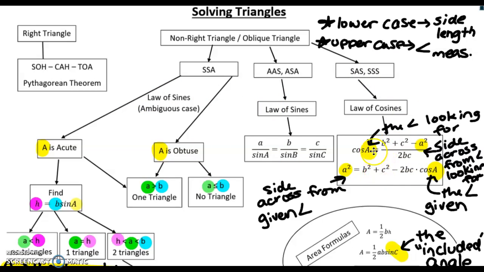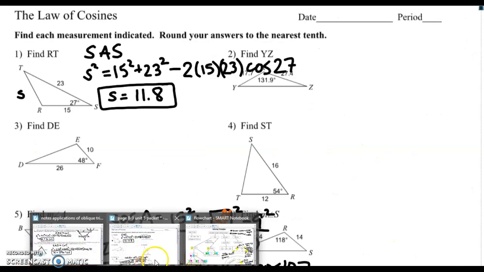We just need to basically plug and chug, making sure that if we use this formula, this is always the angle that we're looking for, even if it's not an ABC triangle. And this is always the side across from that angle. And if we're using this formula, we're making sure that this is the side that's across from our given angle, and this is the given angle. So that's really the only tricky thing about law of cosines. Let's take a look and see what we mean.